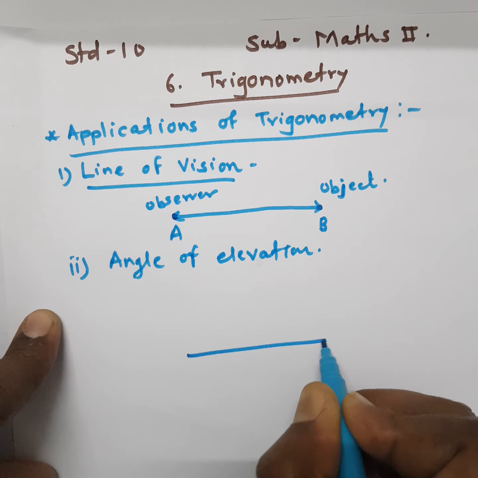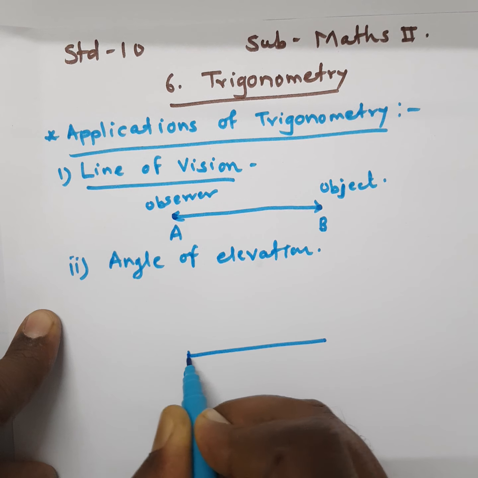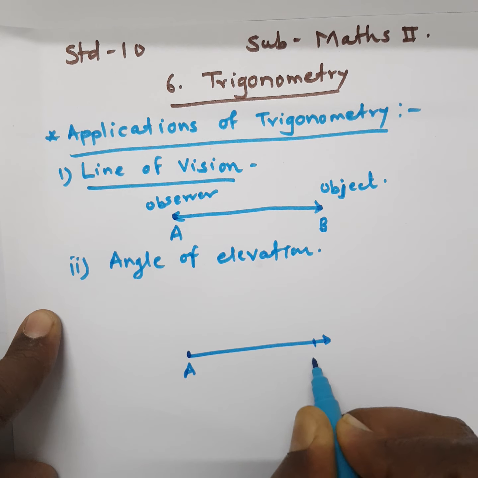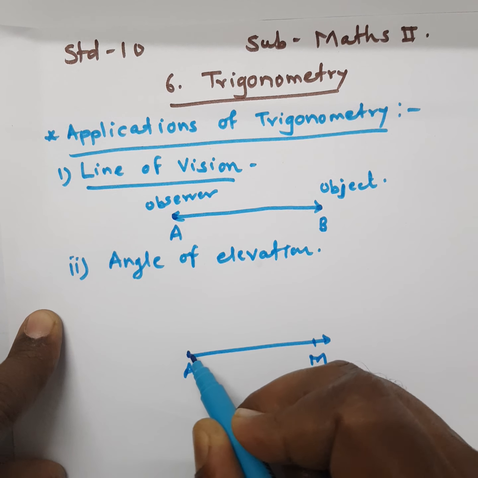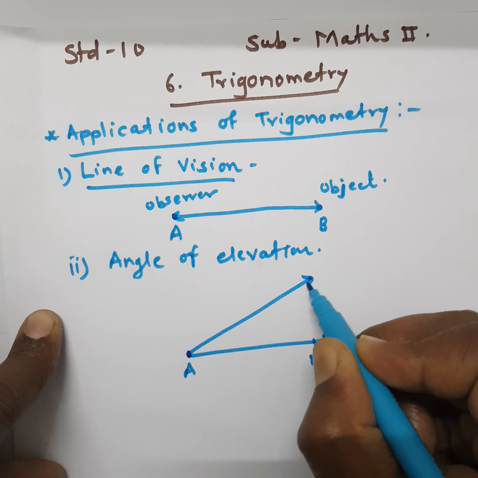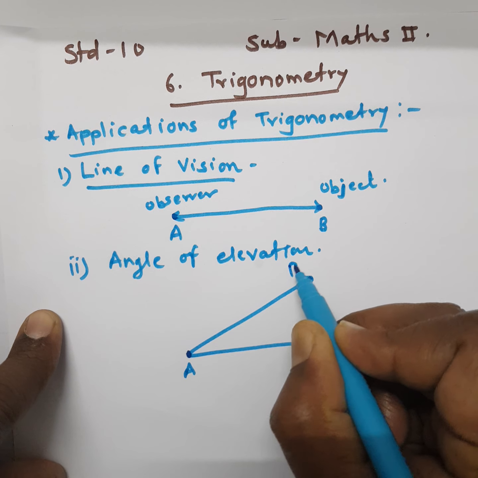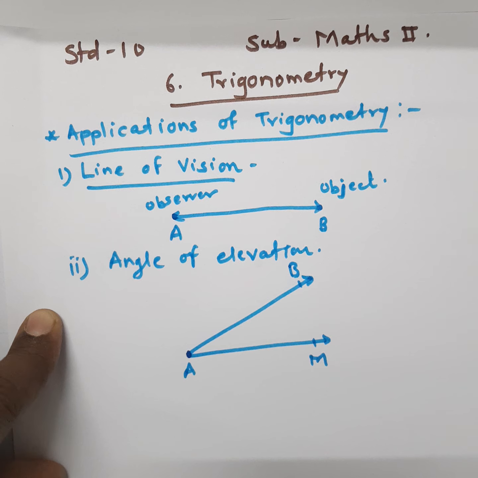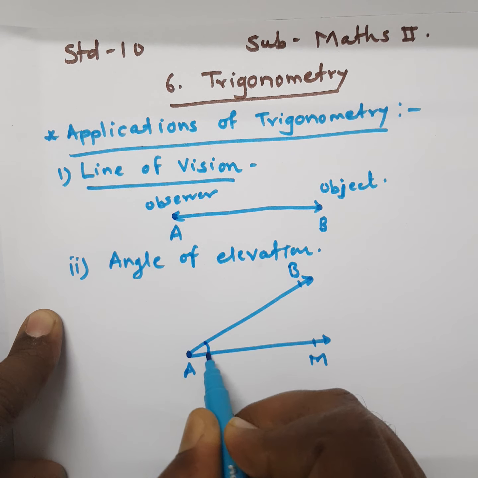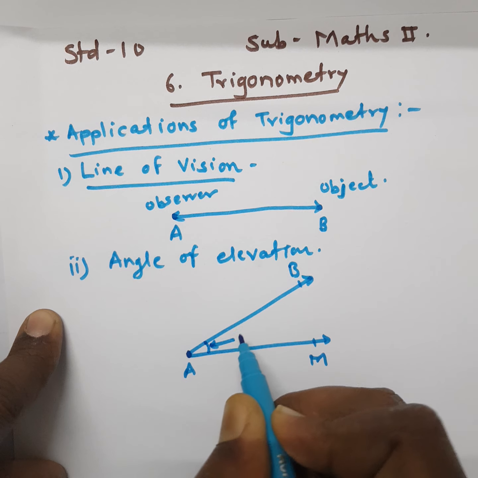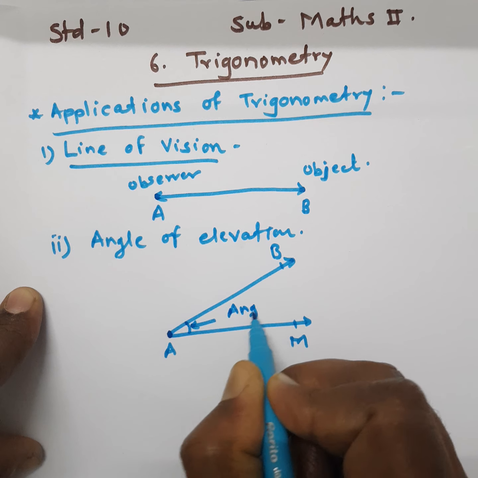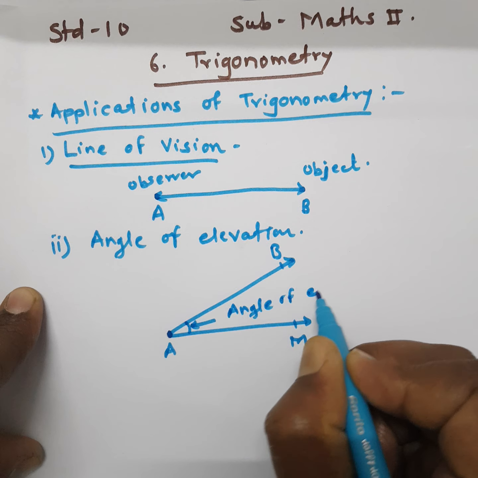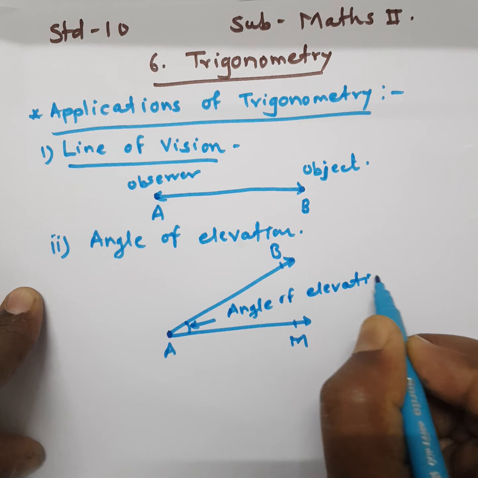If the observer at point A looks towards the object at point B, then this angle BAM is called the angle of elevation.